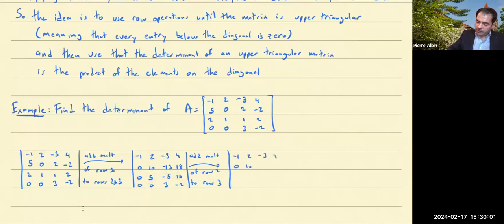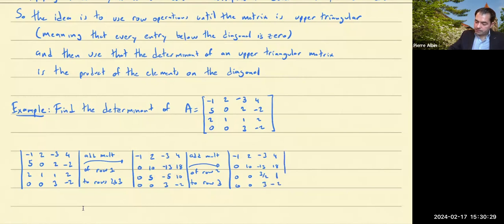Nothing is going to happen to the second row. The third row, I need to get rid of this 5, so I'm going to multiply this row by -1/2 and then add it to this one. So I'll end up with 0, 0, then 3/2, and then 1. And then nothing is going to happen to the last row.